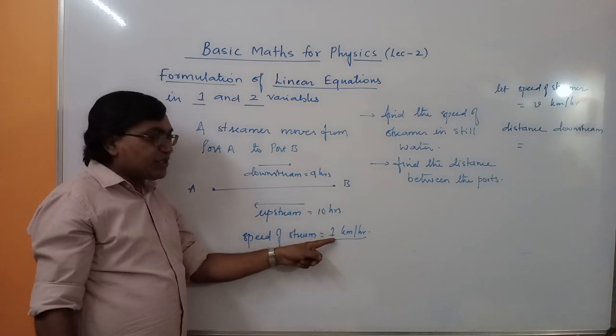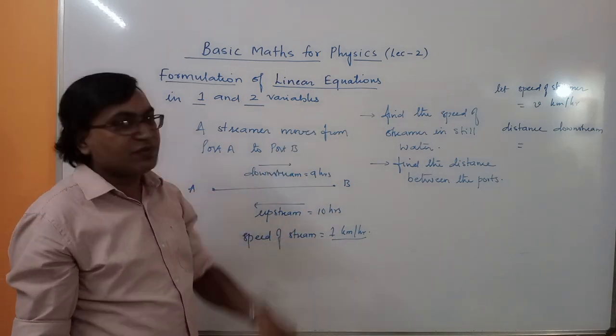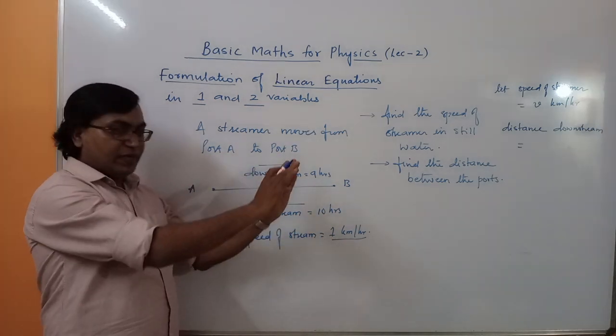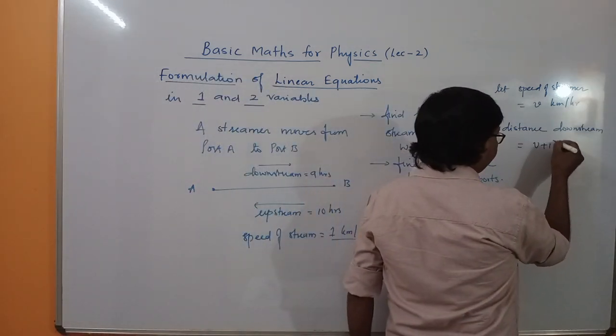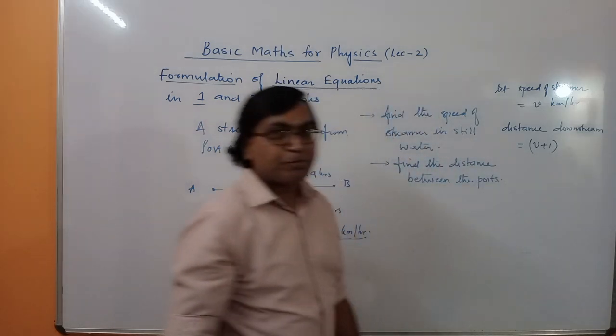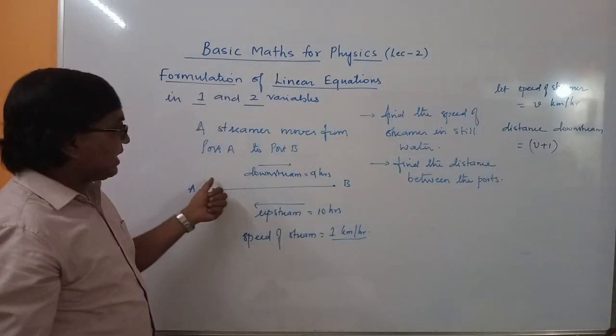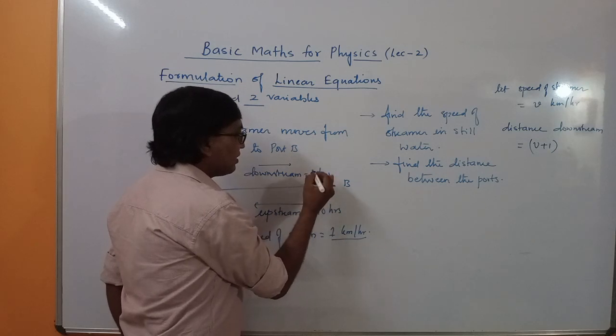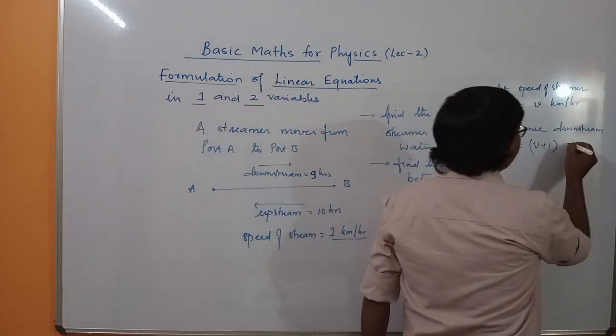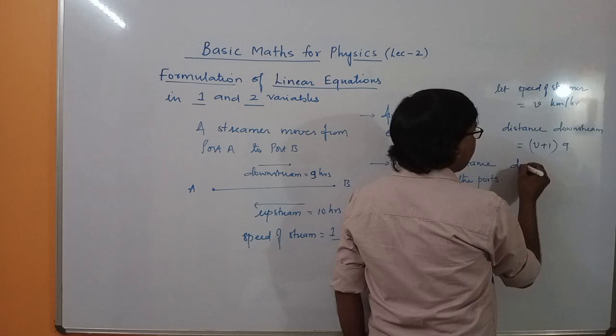So speed of the stream is 1, speed of the streamer is V. So total speed in downstream will be V plus 1 multiplied by the time. So it is taking 9 hours. So the time is 9 hours. So 9.